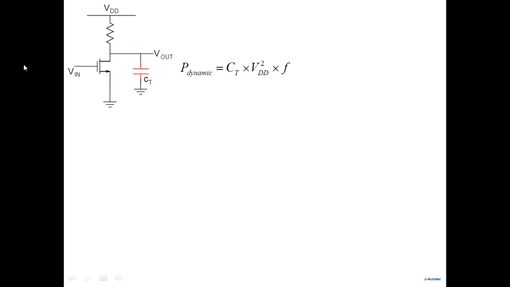And what we can do is take this particular derivation and generalize it. It doesn't really matter whether you charge it through a resistor or through a diode or through a transistor or whatever it is. There's a pull-up device which charges the capacitor here, and there's a pull-down device, which could also be a resistor, which discharges the capacitor here.